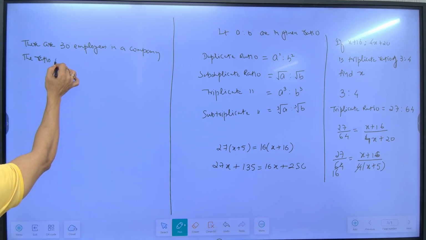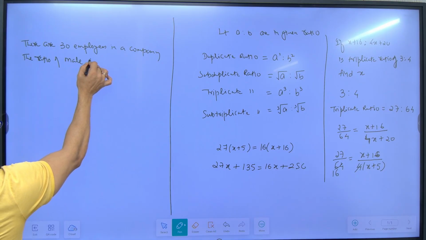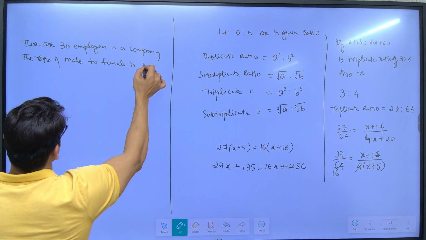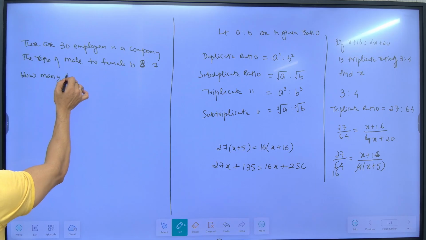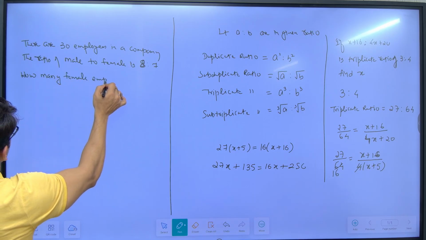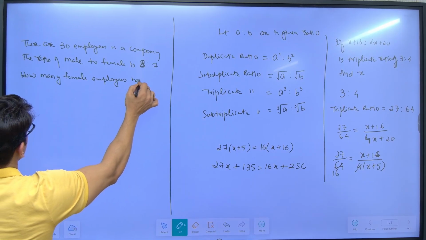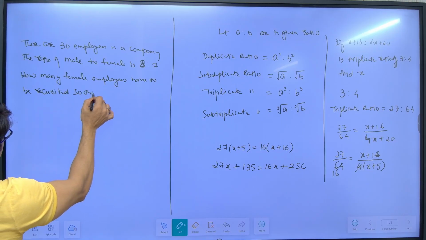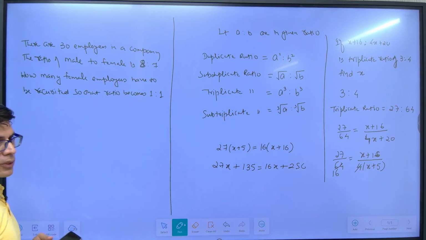The ratio of male to female is 8:7. And how many female employees have to be recruited so that the ratio becomes 1:1. This is the question, right?